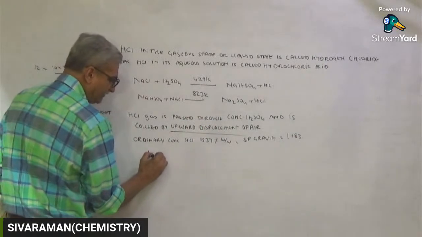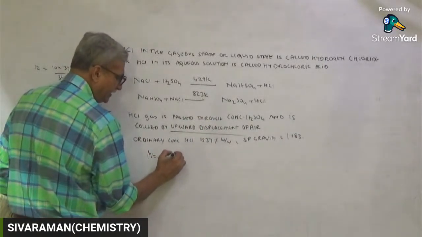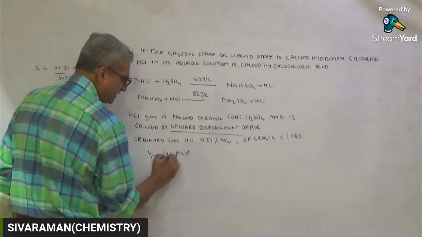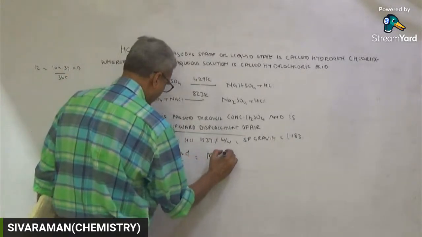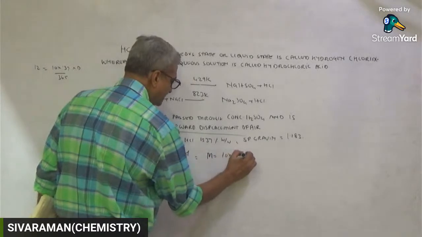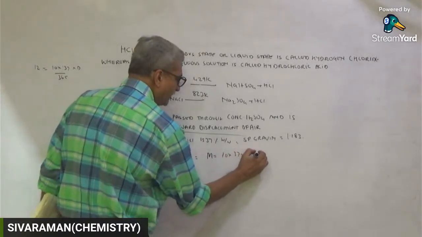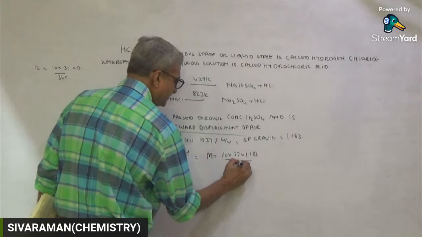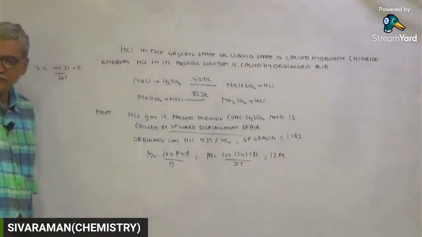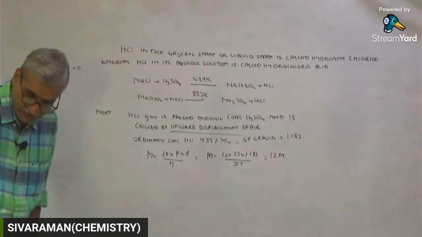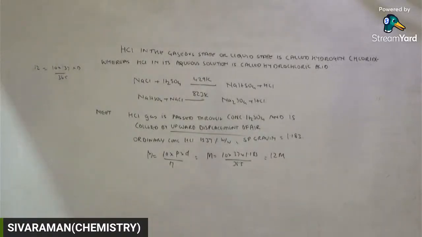Molarity is equal to 10 into percentage into density upon molar mass, that is 10 into 37 into 1.183 divided by 36.5, which is 12 molar. This is how they combine inorganic chemistry with the mole concept, the first part. Is this clear?